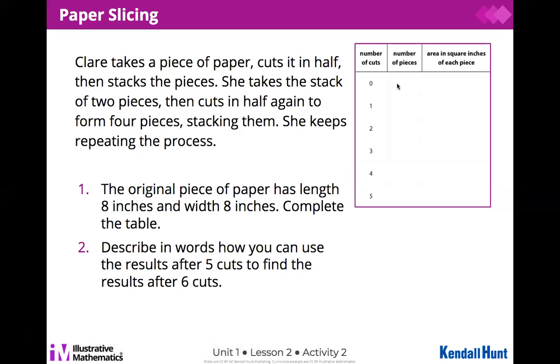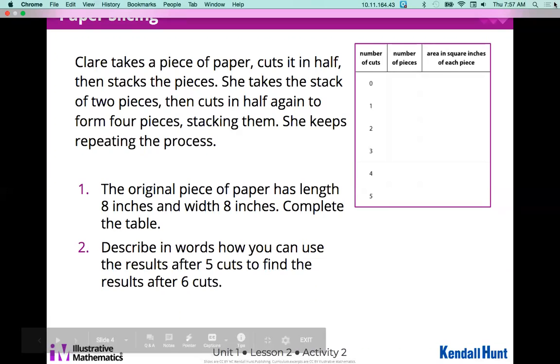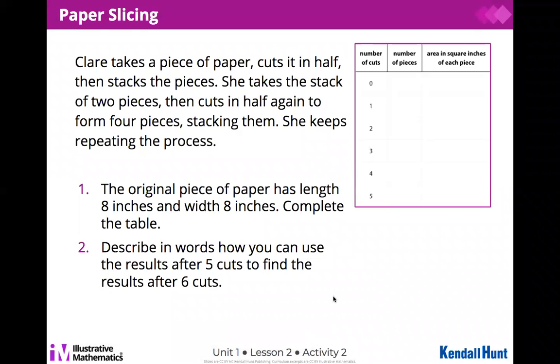All right. So the first thing was 0 cuts. My first sheet of paper is an 8 by 8 piece of paper, and I've only got one of them. So what's my number of pieces? I've got one. So I'm going to put down a 1 over here for my number of pieces, and the area in square inches of each piece.